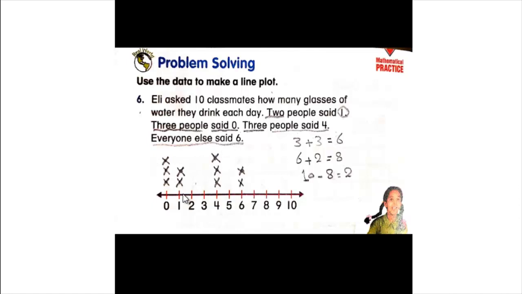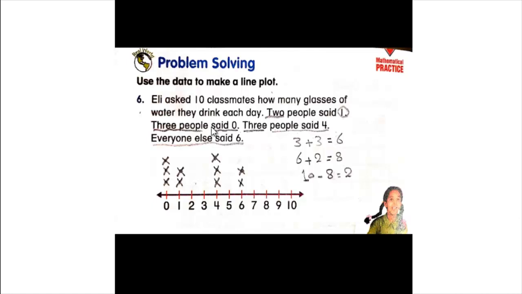First, to make a line plot, draw a horizontal line, starts with 0, least number, ends with greatest number 10. Let's display this data on a line to make a line plot. Okay? First, 2 people said 1, so in front of 1, draw 2 plots to represent 2 people.